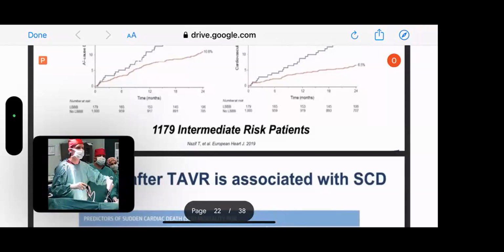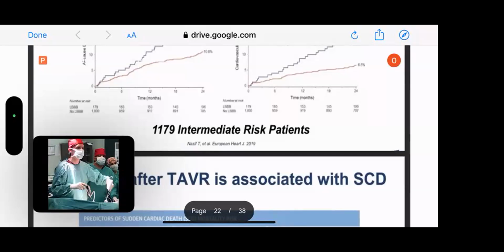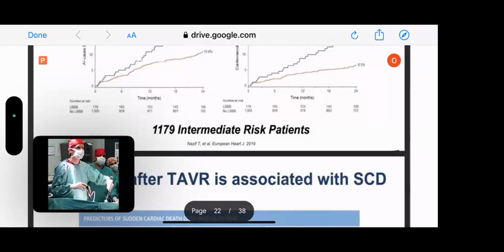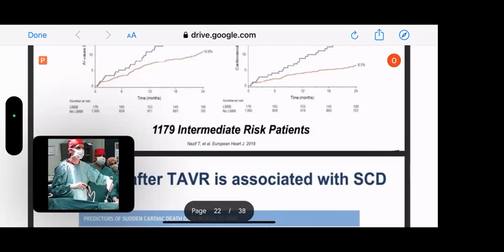So correct me if I'm wrong, transcatheter aortic valve implantation or replacement, one is implantation, one is replacement. They're the same, it's just semantics. Usually in Europe they use implantation, and here in America we use replacement. Brilliant, thank you for that.